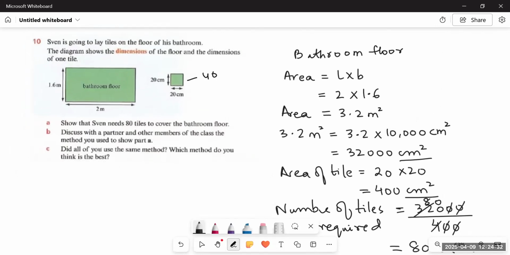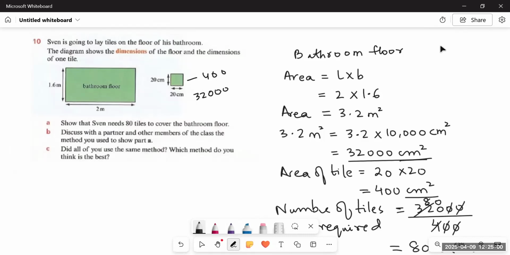So the area of 80 tiles would be 8 fours are 32,000. And we have already found that the area of this bathroom floor is 32,000 centimeter square. So hence proved. If we lay 80 tiles in this bathroom, it will perfectly fit into it.